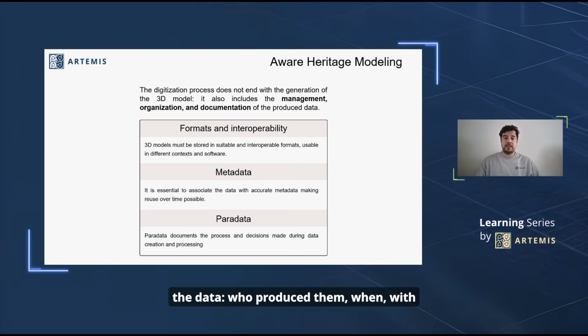Metadata describe the data: who produced them, when, with which technique, at which resolution, and which reference system. Paradata instead describe the process: why certain choices were made, which interpretations were applied, and what limitations the model presents. Without this information, even a very accurate model risks losing value over time.